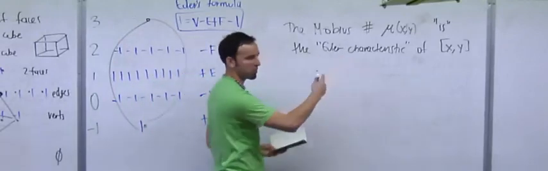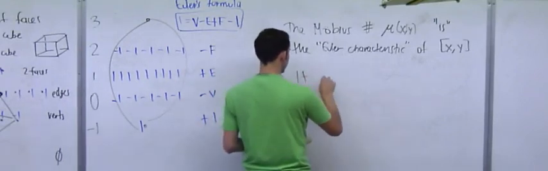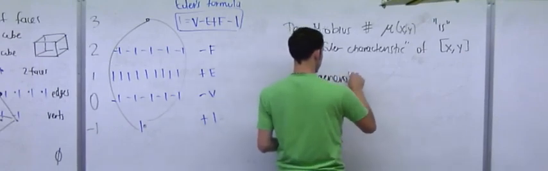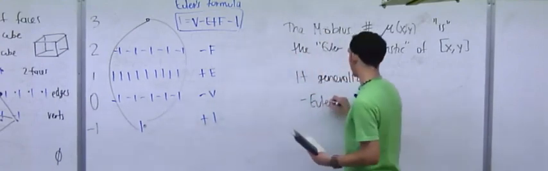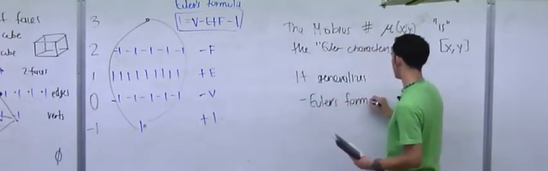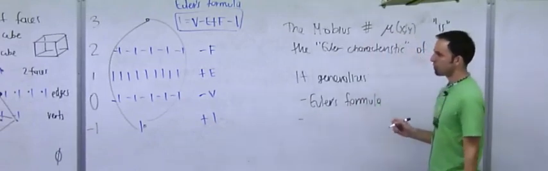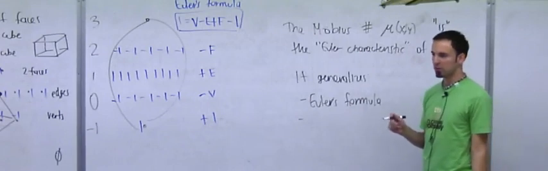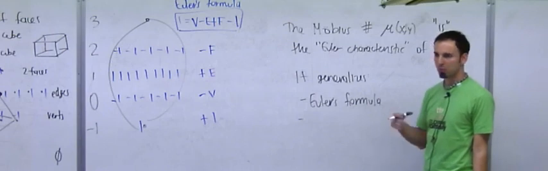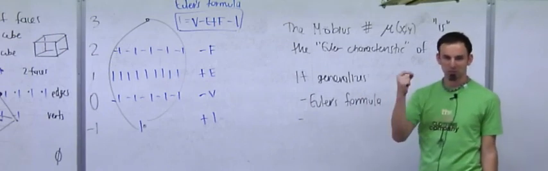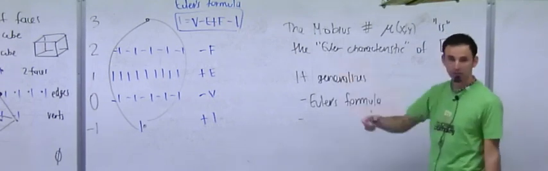And one reason that people like to study the Mobius function is that it generalizes a lot of very nice things in the literature. For example, we see how Euler's formula very naturally comes into play here. You may have heard of the Mobius function as something in number theory and not something in combinatorics. There's the Mobius function that associates to an integer a number, and this is a special case of this.